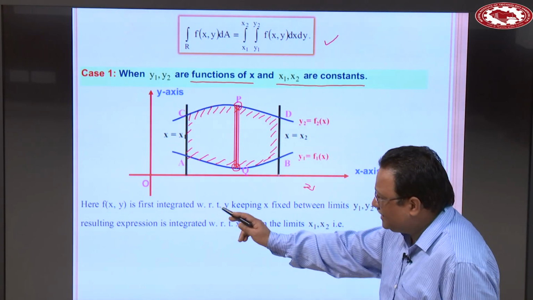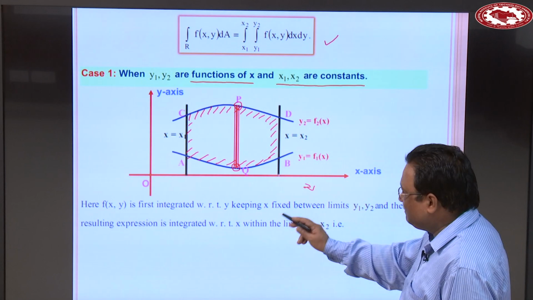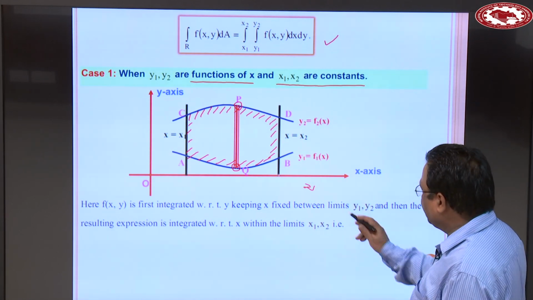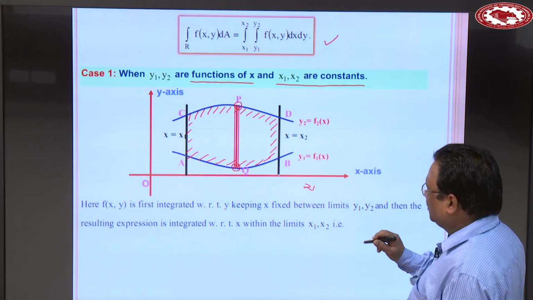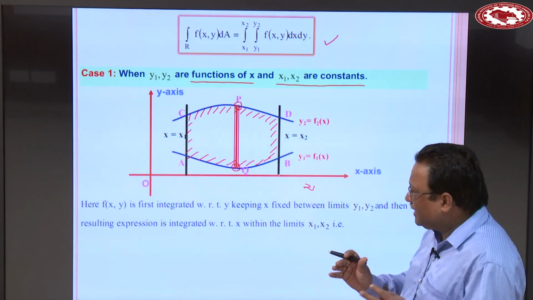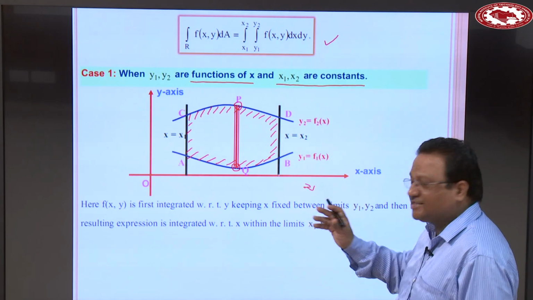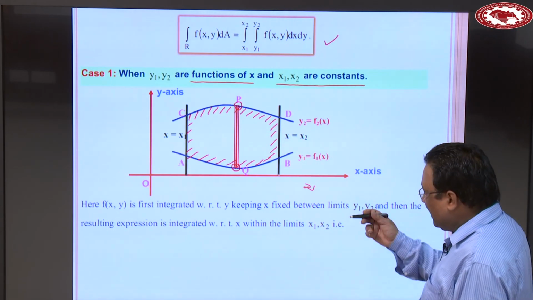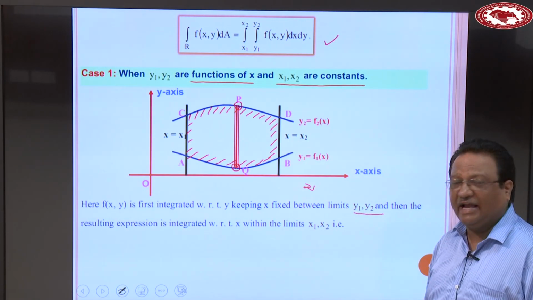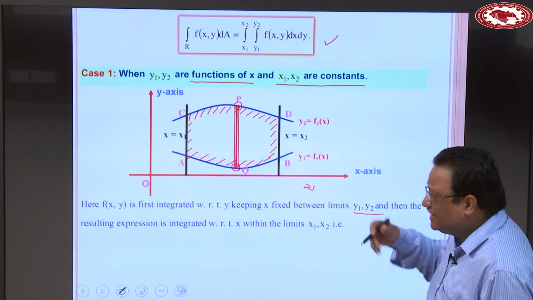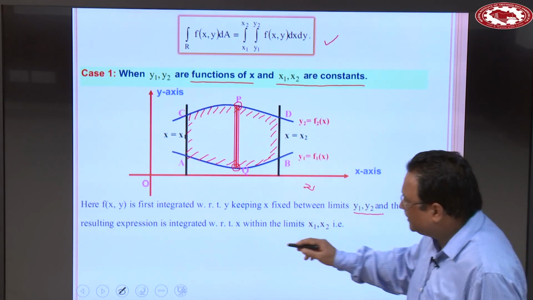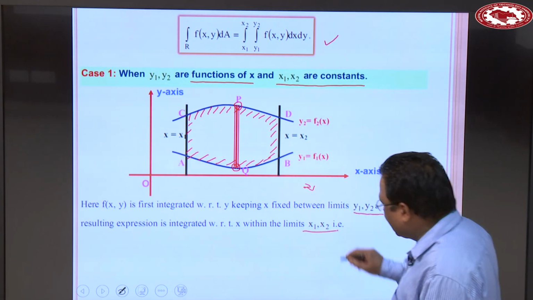So f(x,y) is first integrated with respect to y, keeping x fixed, between the limits y1 and y2. So to solve the inner integral, you have to fix x, clear, and evaluate the integral between these limits y1 and y2, and then the resulting expression is integrated with respect to x within the limits x1 and x2.